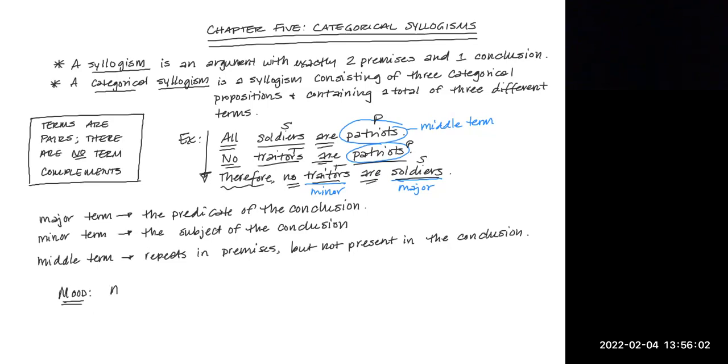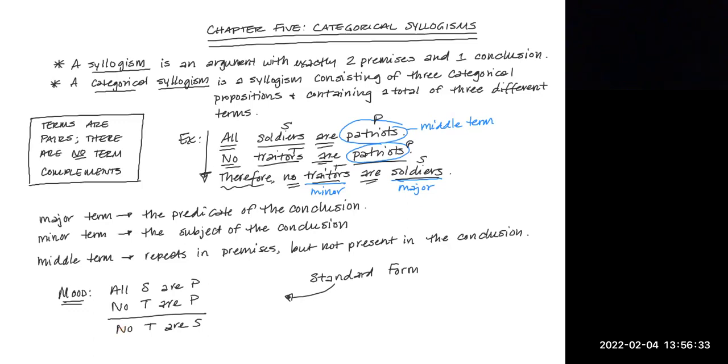So the standard form is: all S are P, no T are P, therefore no T are S. In order for it to be in correct standard form, you not only have to use letters to represent the terms and use categorical propositions, but they also have to be in the correct order.